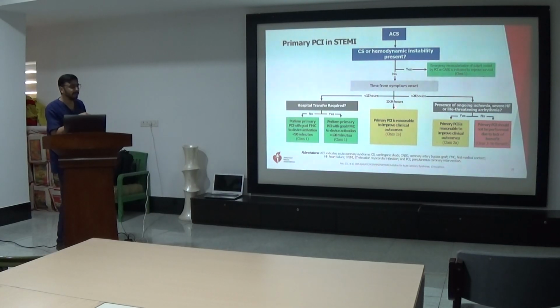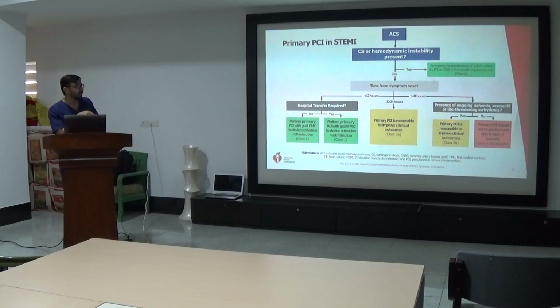If the patient has more than 12 hours of angina onset, 12 to 24 hours, it is still a class 2A indication for primary PCI. If the patient is stable, hemodynamically okay, no ongoing arrhythmia, no LV dysfunction, with more than 24 hours, then consider it class 3, no benefit.